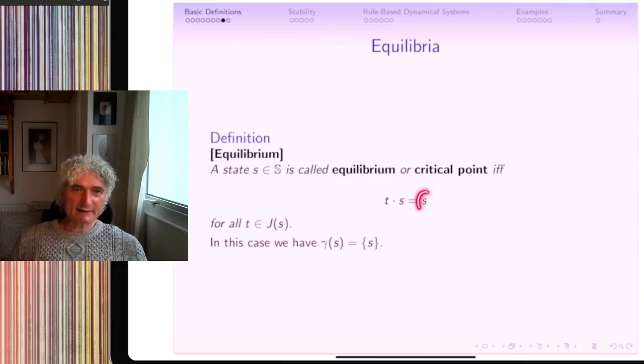You will always stay on the same place. So in this case, the orbit is just given by one single point, and that is S itself.